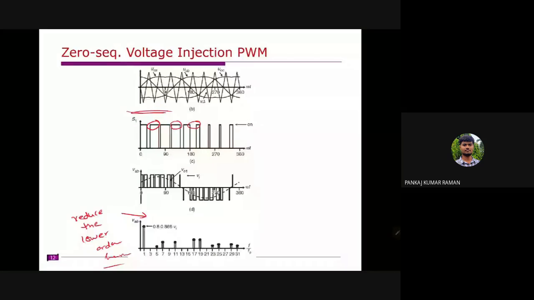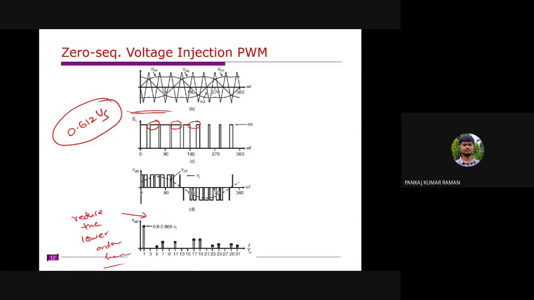Okay, so you have two ways to increase the output voltage beyond 0.612 Vs, that is the maximum voltage obtained. One is going over modulation, the other is zero sequence voltage injection PWM. In case of over modulation, the drawback is it will induce lower order harmonics. In case of zero sequence voltage, it will not induce any lower order harmonics.